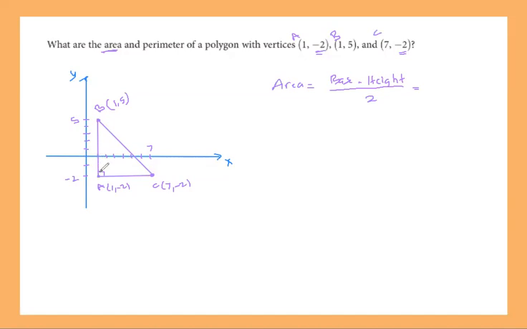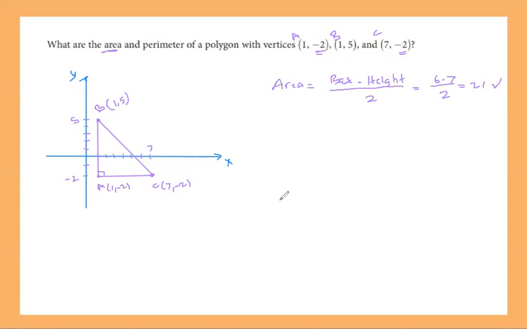Since we start at 1 and end up at 7, this distance A to C is 6 units. So I can go with 6, and then the height would be 5 to negative 2, so that will be 7 units. You can count them if you want. So 6 times 7 divided by 2 is going to be 21 units squared. So this is the area.